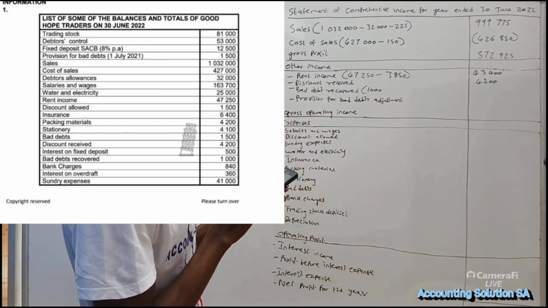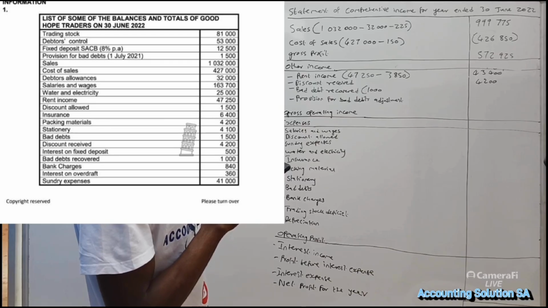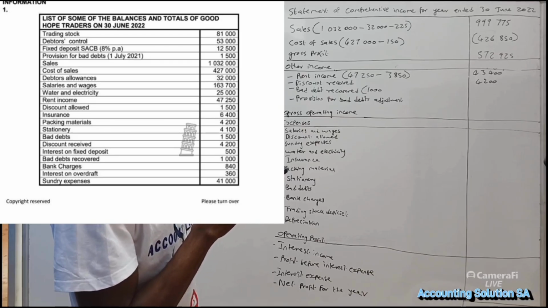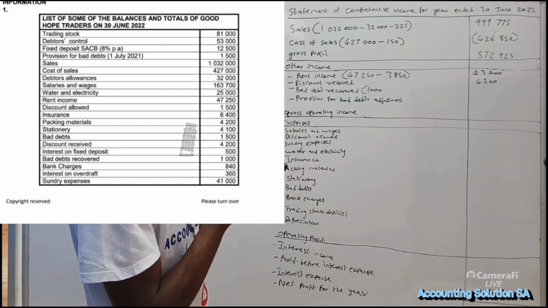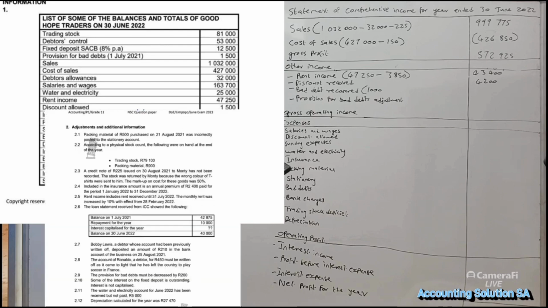Then after that we have to check on additional information. Under additional information number 2.7. Bobby Lewis, a debtor whose account has been previously written off, deposited an amount of 210 in the bank account of the business.